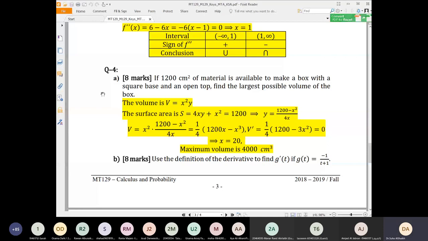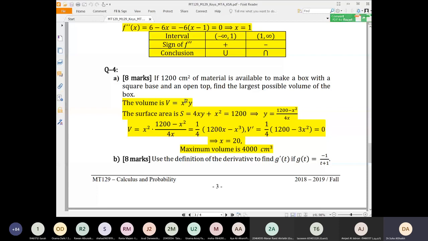Find me the largest possible volume of the box. So the base is square, so the dimension of the base is x by x, which is x squared, and the height is y. So the volume is x squared y, and they want the largest possible volume.